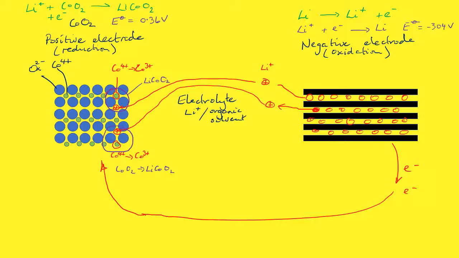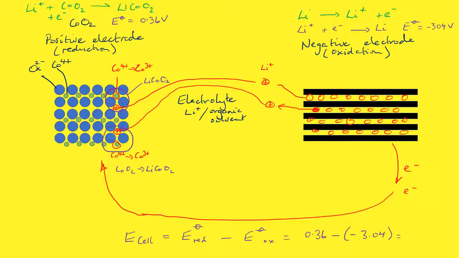So if we do E cell, as you remember, it's the electrode potential of the reduction reaction minus the electrode potential of the oxidation reaction. So the reduction reaction is 0.36. The oxidation reaction is -3.04.